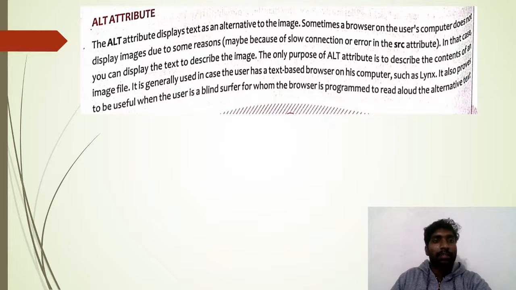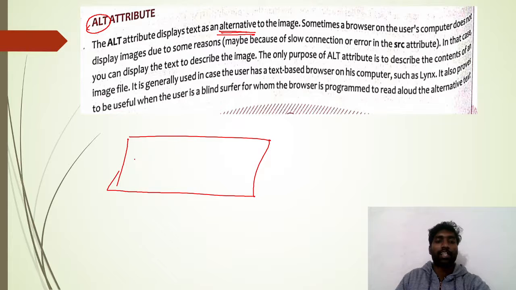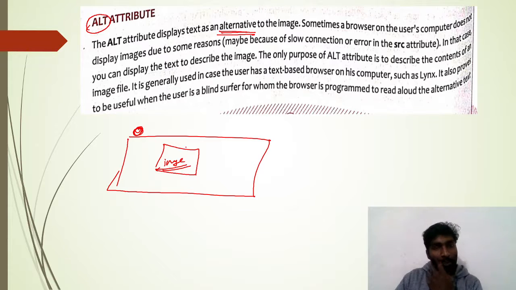Here ALT, what is the use of this ALT? This is called alternative. Sir, what is alternative? If in a web browser it is loading and the internet is slow, an image will not open.